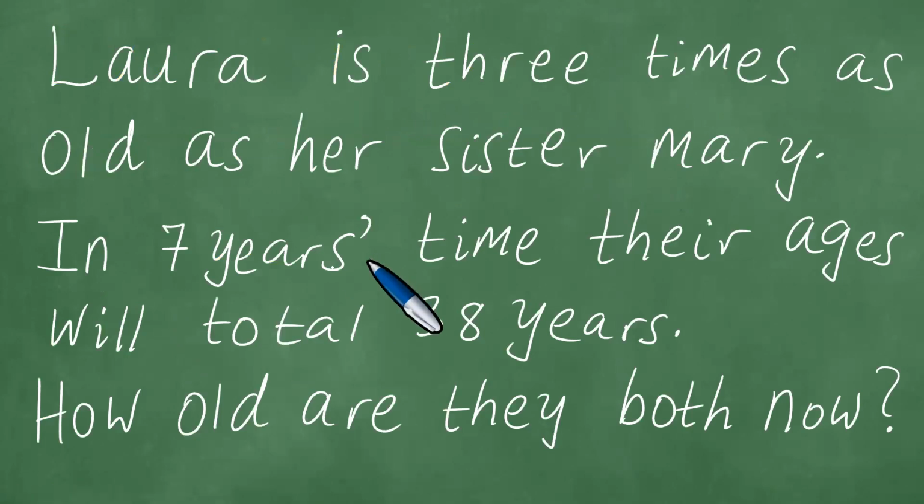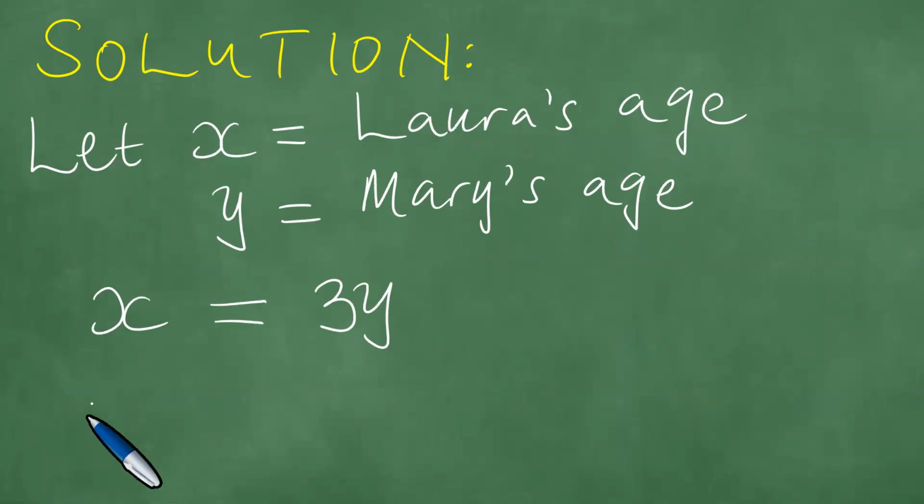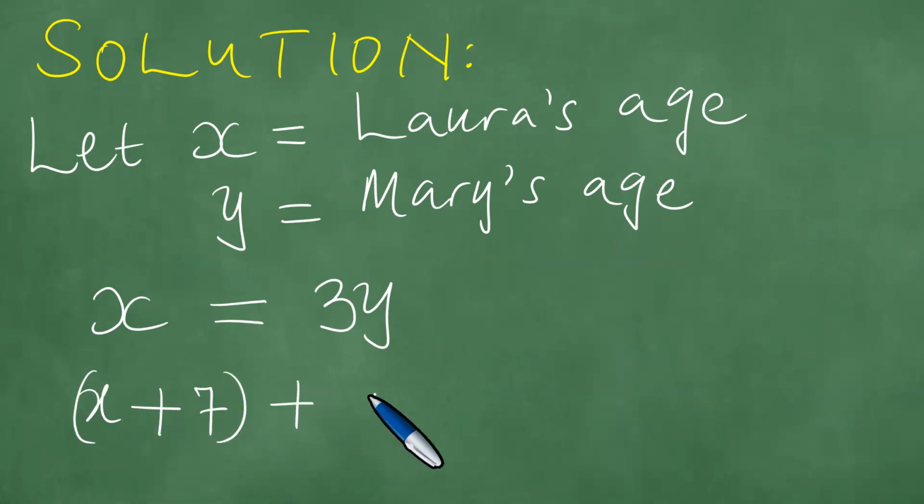Next point. In 7 years' time, their ages will total 38 years. Right, so in 7 years' time, meaning you have Laura's age in 7 years' time, we add 7. And then Mary, also we add 7.